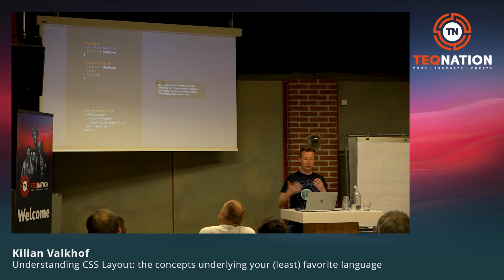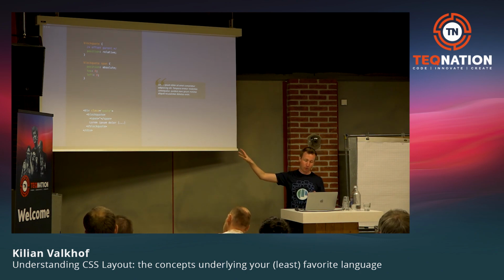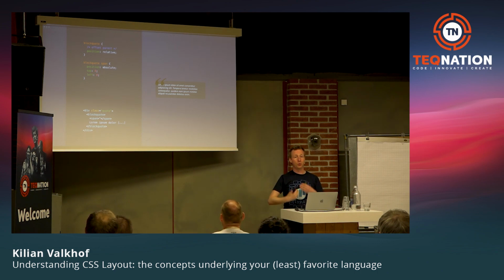For this example, I have a design with a quote here. And after positioning it correctly in the X and Y direction, you can see that the quote is in the right place, but it sits on top of my text. Now, the text doesn't have any element around it. It's just inside the block quote. I can't pull it forward because it's an anonymous box.